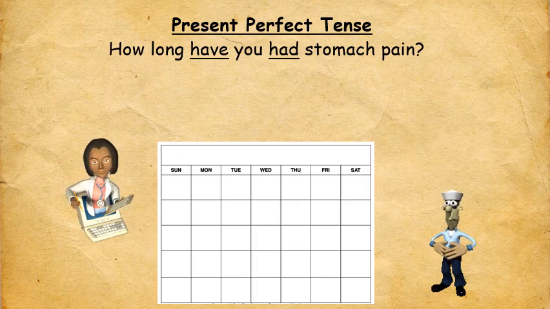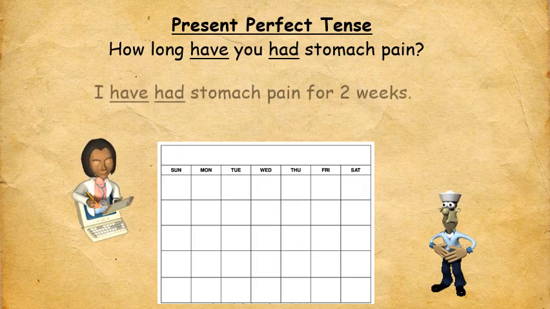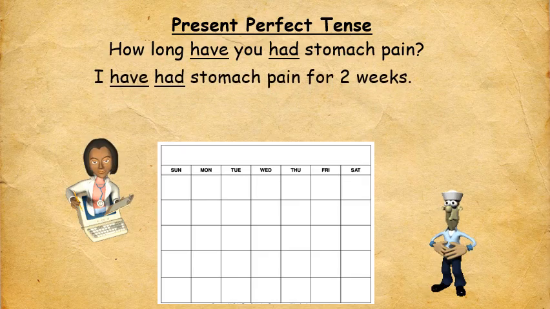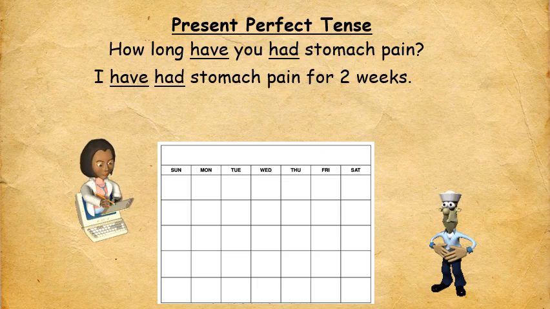Present perfect tense. Present perfect tense requires the verb have and the participle had. How long have you had stomach pain? The answer: I have had stomach pain for 2 weeks.